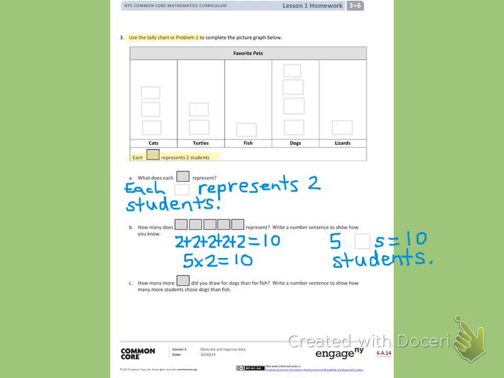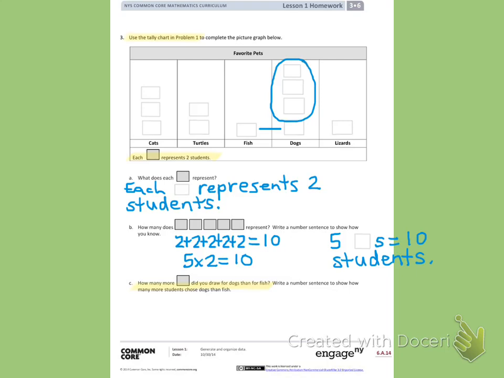How many more squares did you draw for dogs than for fish? Write a number sentence to show how many more students chose dogs than fish. Well, let's answer the first question. How many more squares did you draw for dogs than fish? Let's see how many I drew for dogs and fish. Those are the same, but these are all the extras.